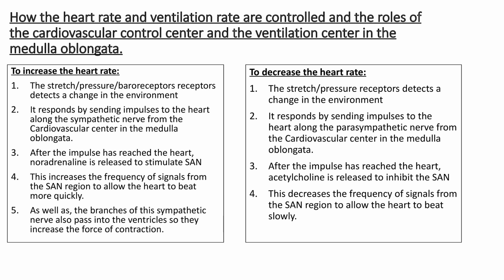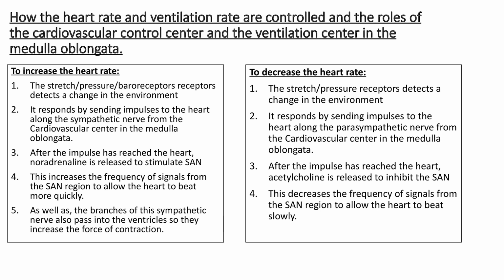How? This increases the frequency of signals sent from the SAN region to allow the heart to beat more quickly, and the branches of this sympathetic nerve pass into the ventricles, so they increase the force of contraction. We all know that the left ventricle pumps the blood from the aorta to the entire body.